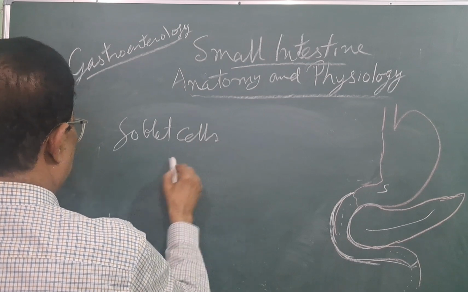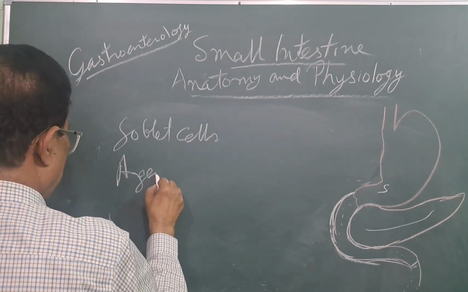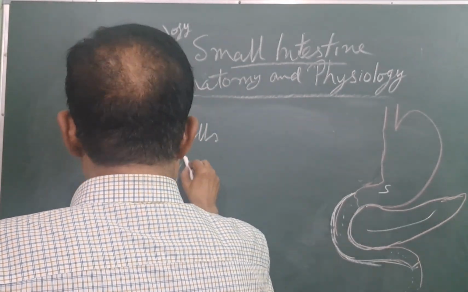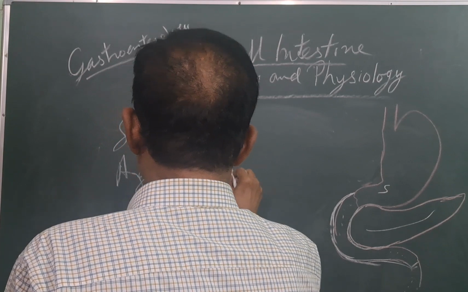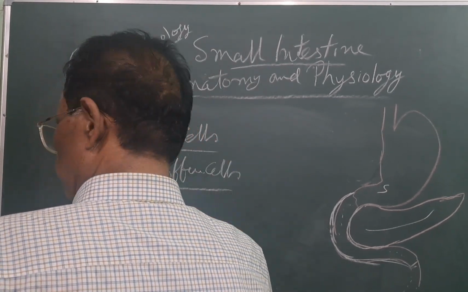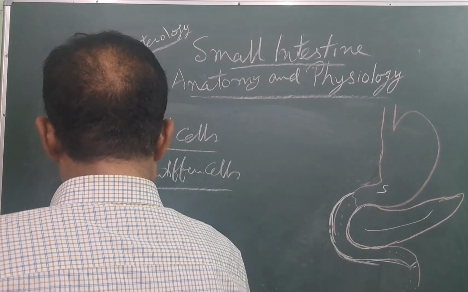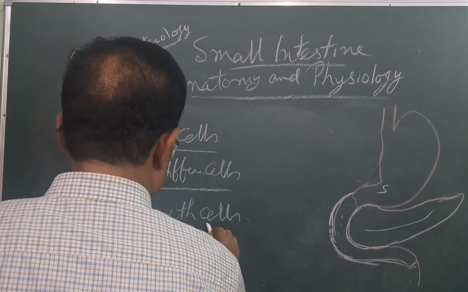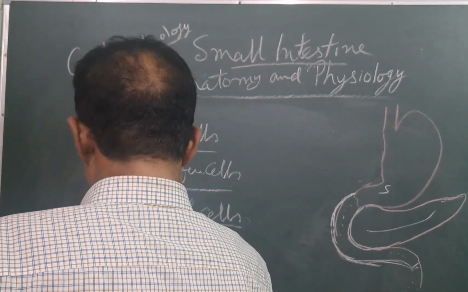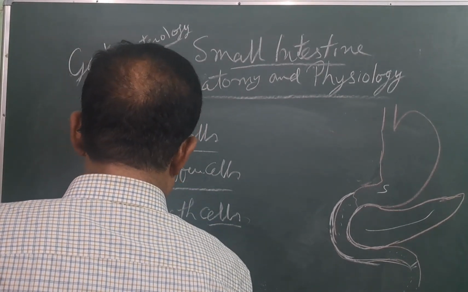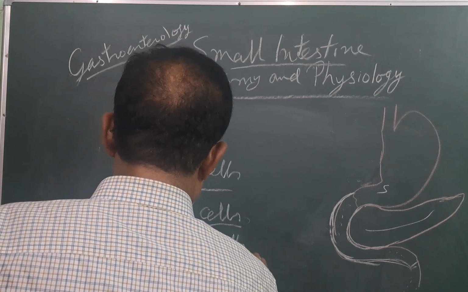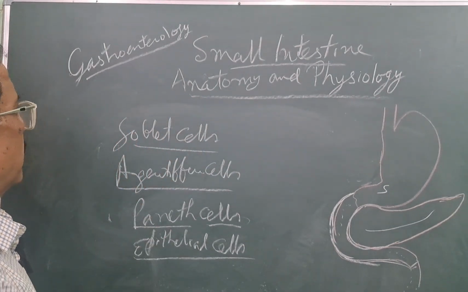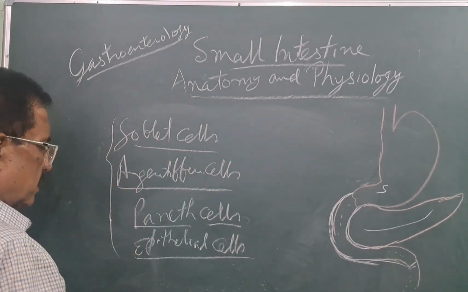Goblet cells, argentaffin cells, Paneth cells, and epithelial cells are important cells in the small intestine.